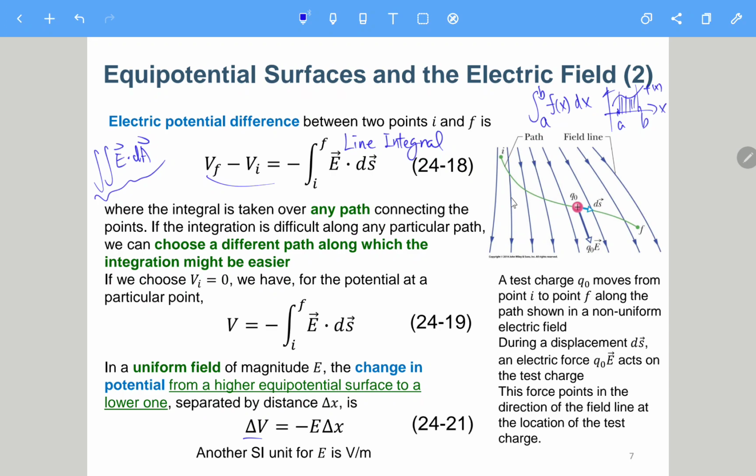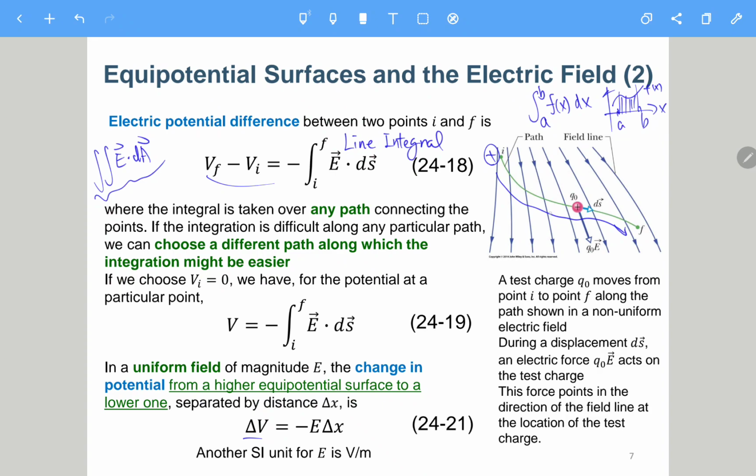But here we have an initial point and a final point, and a path connecting them. It's just like initially the charge is placed here, and then we move it to the final point along a specific path.